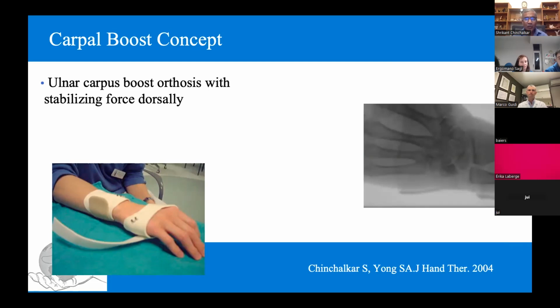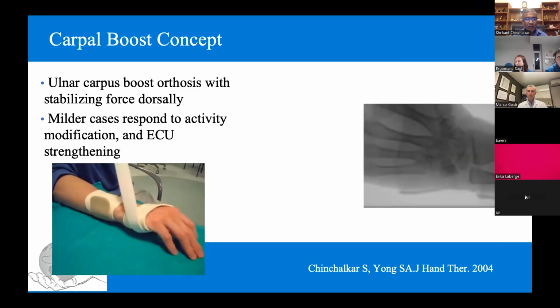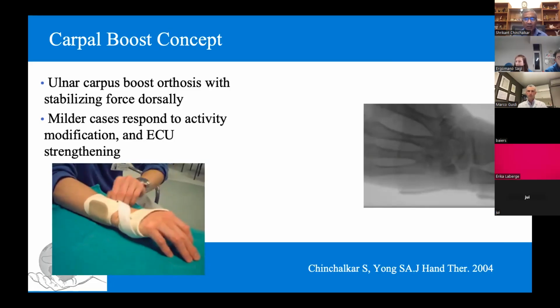So we make two splints: one is the forearm base splint as well as a palmar base splint, and we apply a Velcro and pull the Velcro in a dorsal region so that we can realign the carpus in relation to the distal radioulnar joint.